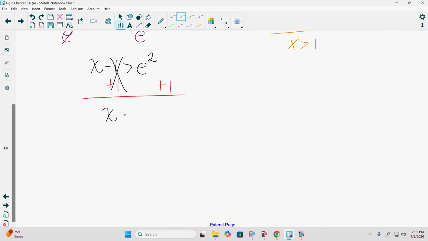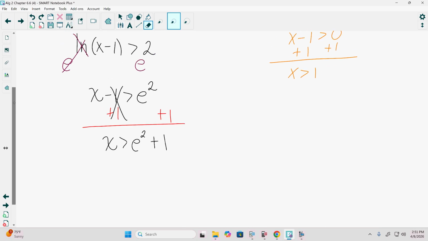These would cancel, telling us x is greater than e squared plus 1. Questions on this here? The only way we'd have to flip that inequality sign is if we multiply or divide by a negative, or we start dealing with some even exponents.